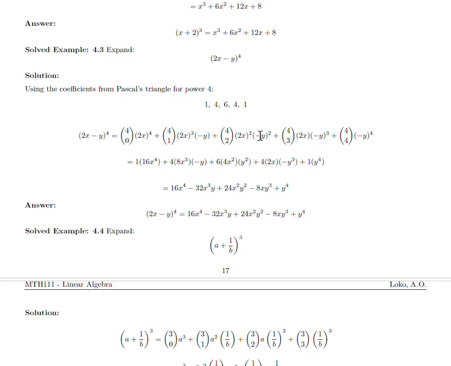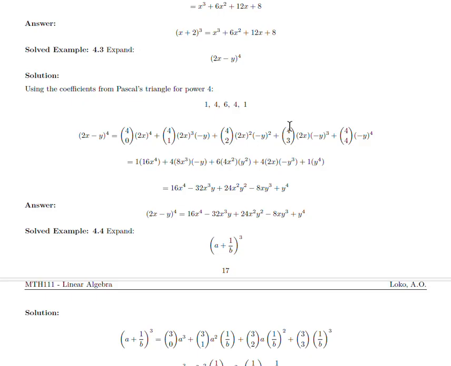Minus y squared is the same thing as minus 1y squared. So the minus 1 we take square. Minus 1 square is 1, and then y squared, right? That's what they've done already, because the square is now with the y. That's why the minus is no more appearing here.